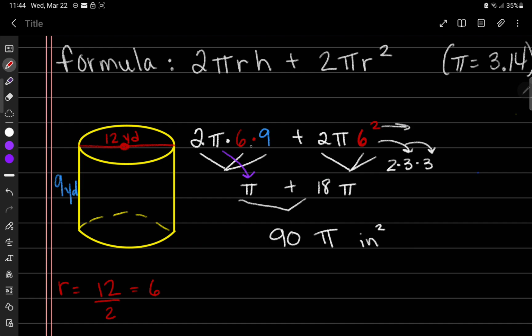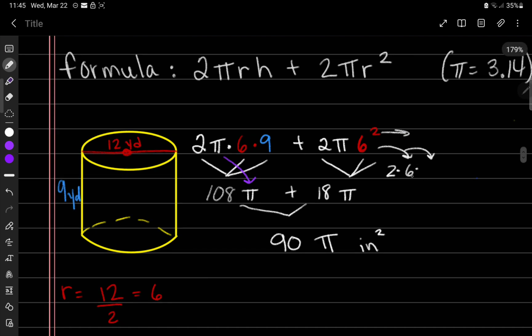So we're doing 2 times 6, that's 12, and then 12 times 9 is 108 pi, and then here we're doing 2 times 6 times 6. So 2 times 6 is 12, 12 times 6 is 72, and then we add those numbers.